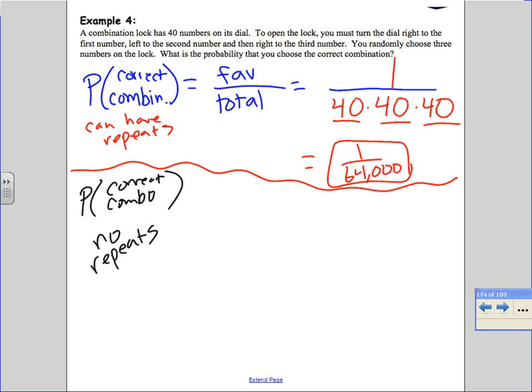So it's still favorable over total. Write down how you think we have to find the total if you can't have repeats.